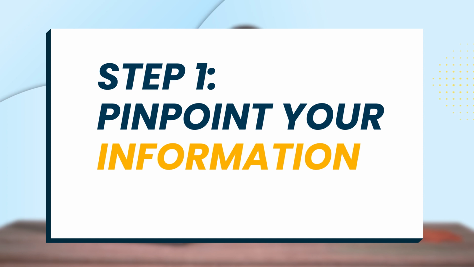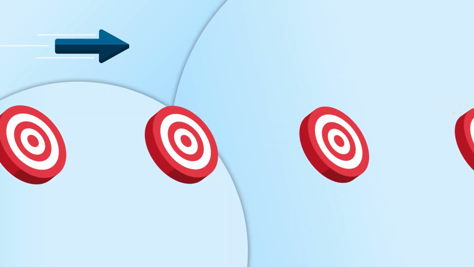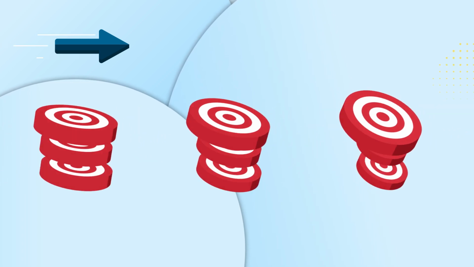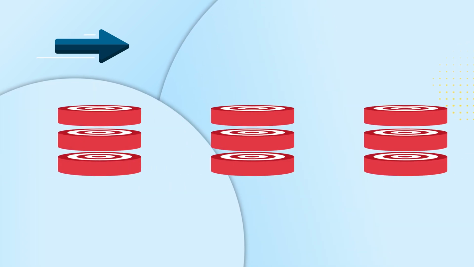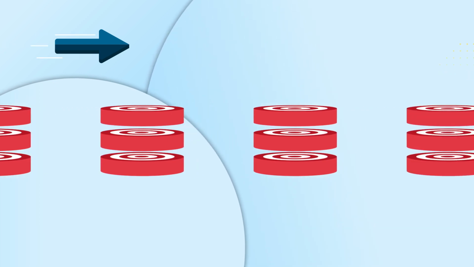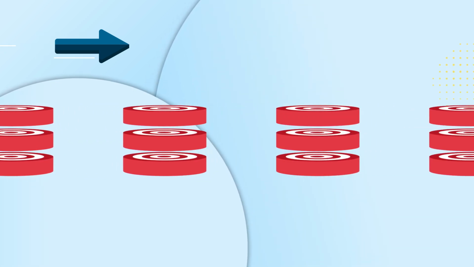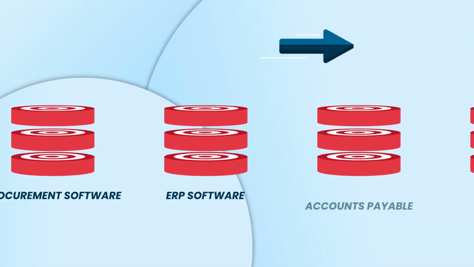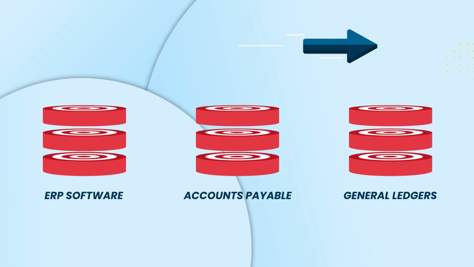The first thing you need to do is pinpoint your information sources. In other words, identify where your spend data is located. Your company's departments or units might have different ways of capturing their spending and have it in more than one place. Look at things like purchasing cards, procurement or ERP software, accounts payable, and general ledgers.